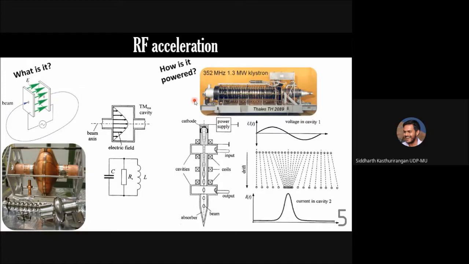So the power supplies almost take up the same amount of space as the accelerator itself. That was the point which I wanted to make. And for shielding from the high power, etc., the whole thing is actually underground. That's the other part of it.